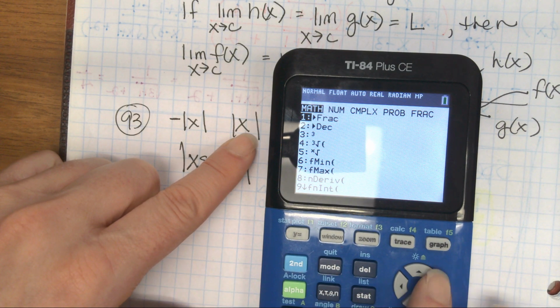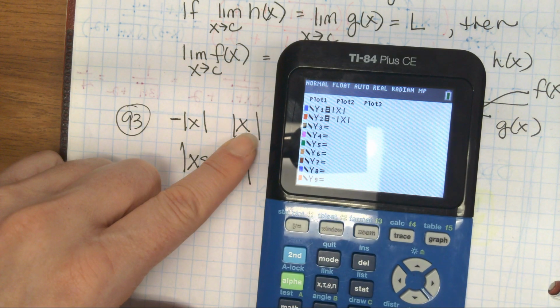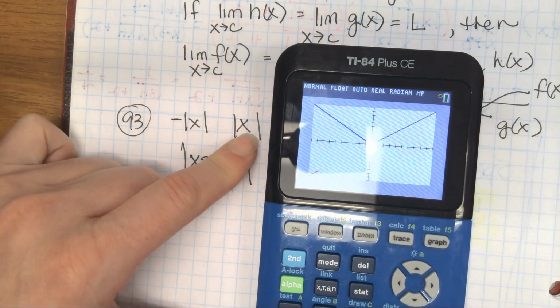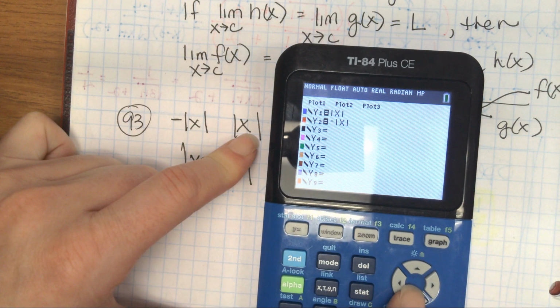I'll throw a negative out in front of that one. Okay, so that's what those graphs look like. And then I'm going to graph the sine x function, which is going to stay between those.